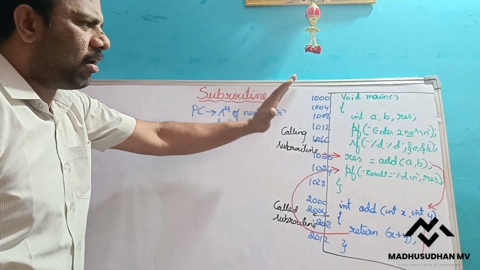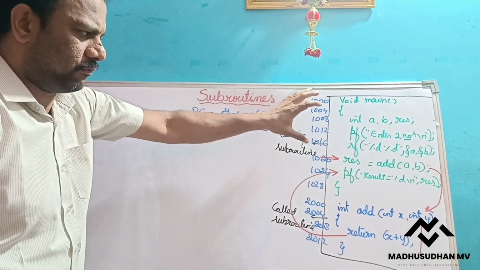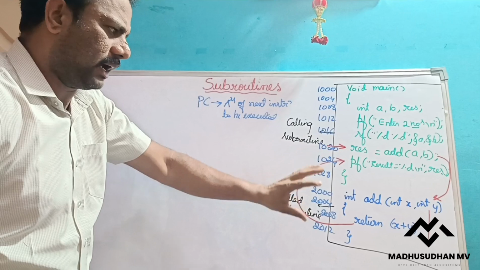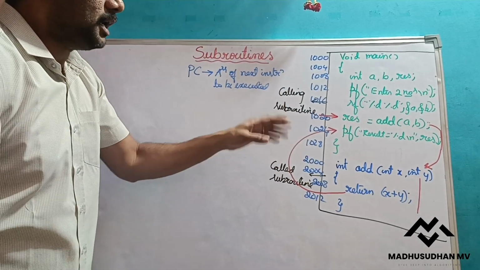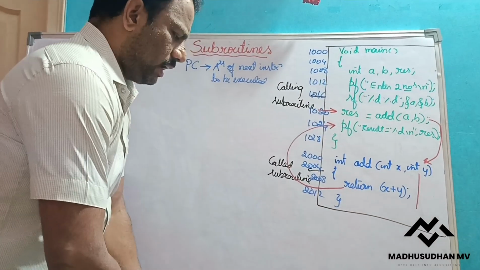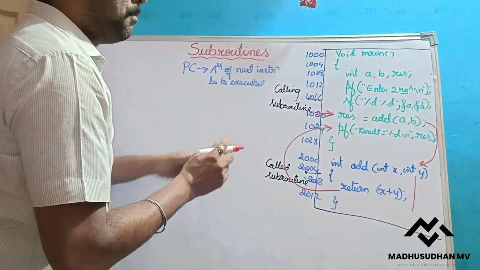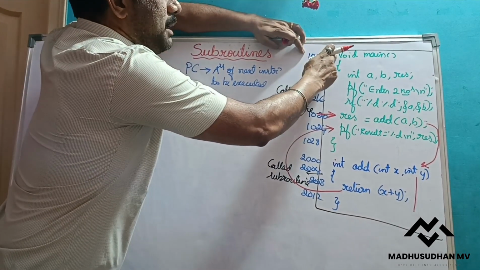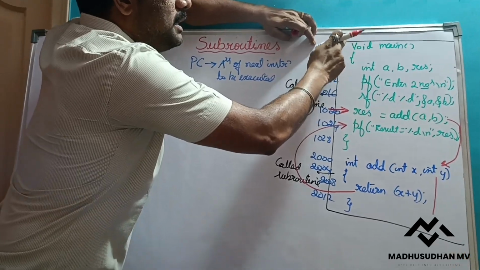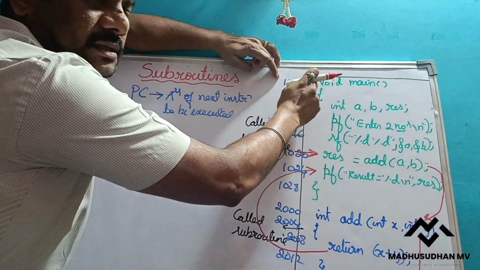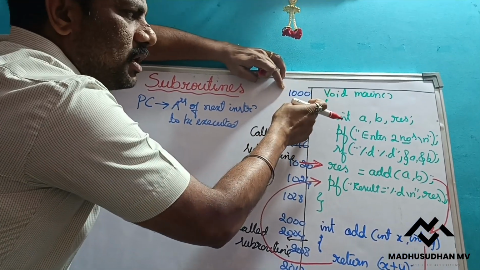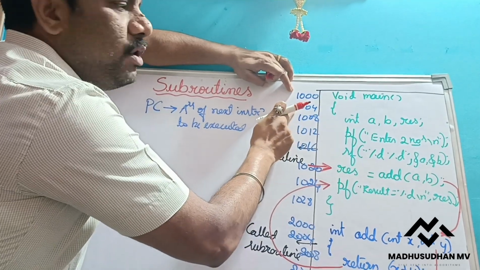Now, whenever one subroutine calls another subroutine, what happens? Assume our processor is executing this statement. While executing it, the program counter contains the next instruction.